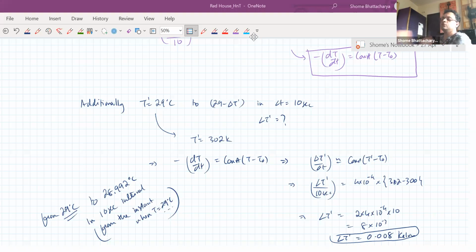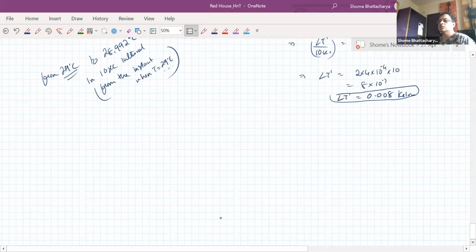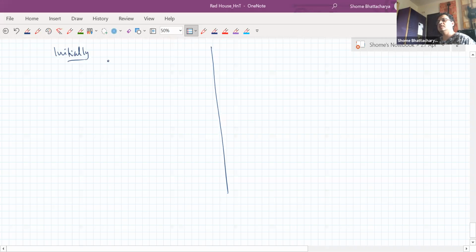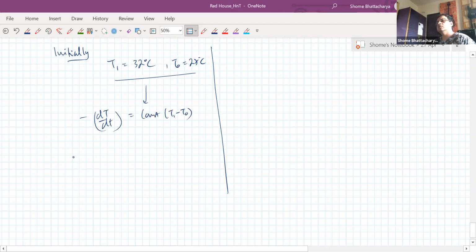Yeah, that's correct, Aditya. We don't need to express it in so many different words. We can just do a comparison. What we can do is, we can say that initially, let's say the temperature of the surface was 32 degrees C. Temperature of the surrounding was 27 degrees C. So the rate of cooling was equal to some constant into T1 minus T0.